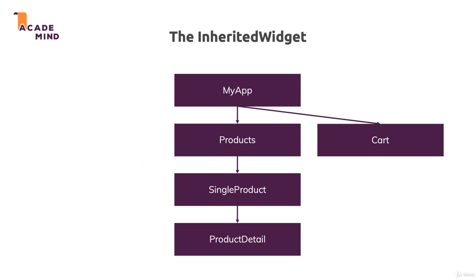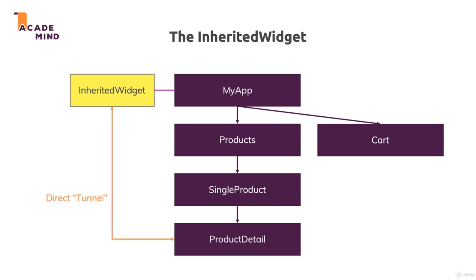Hence, Flutter gives us a special widget, the inherited widget. We never used that, but media query and theme uses that behind the scenes. And you get a direct tunnel to the inherited widget and to data managed in there with the help of context, because the contexts know about the general structure of your widget tree, and therefore they can directly access any other widget without passing data through arguments.